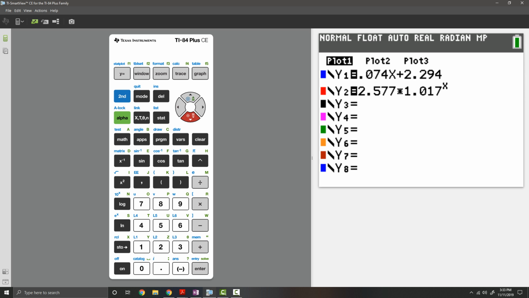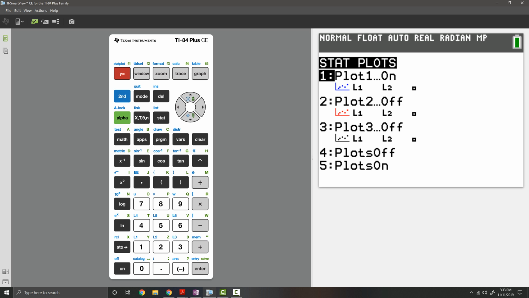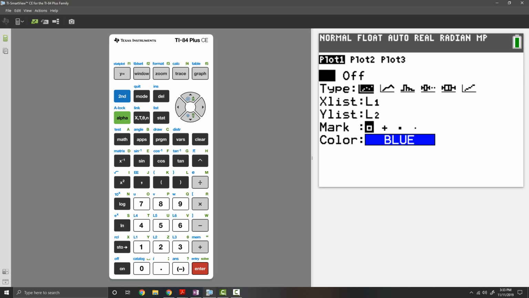So we get that. And then I'm going to hit second and then stat plot, so that I can work with stat plot. By default, it's what I was hoping for. I'm going to have a scatter plot with these lines. The x list is going to be L1 and the y's are L2.